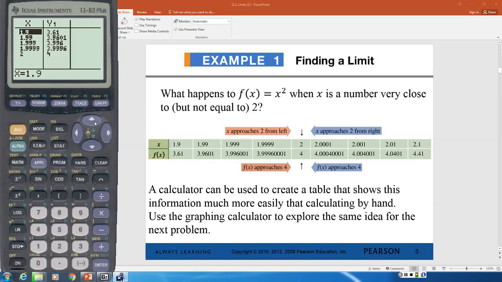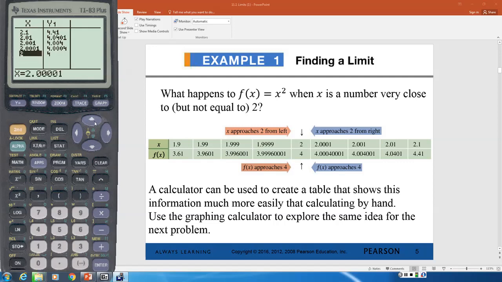So we could start out with 2.1 and 2.01, 2 and 1/100, 2 and 1/1,000th, 2 and 1/10,000th, 2 and 1/100,000th.